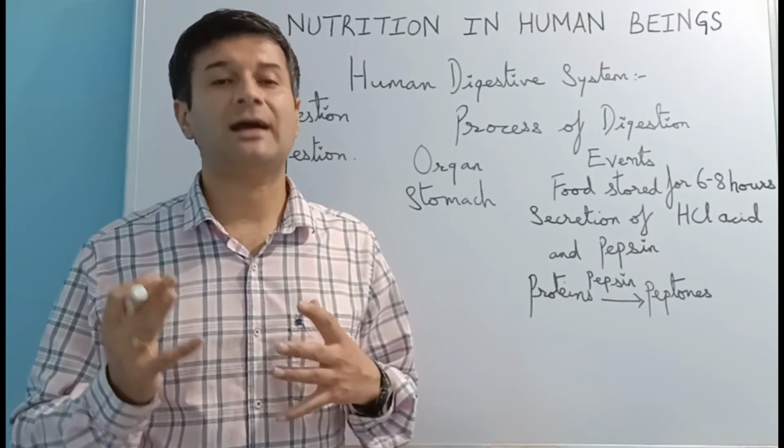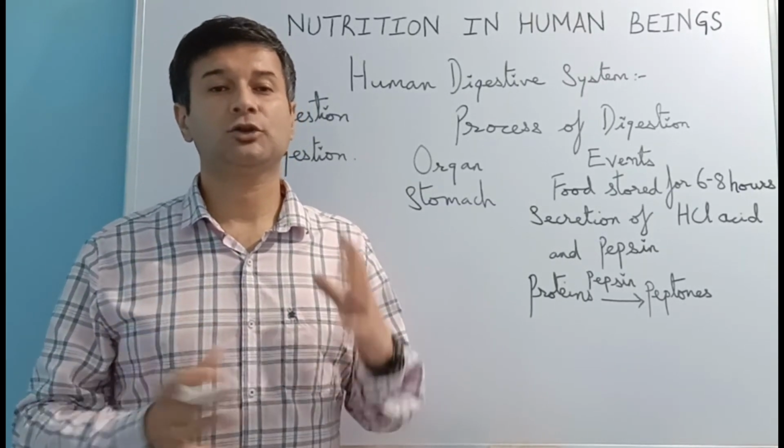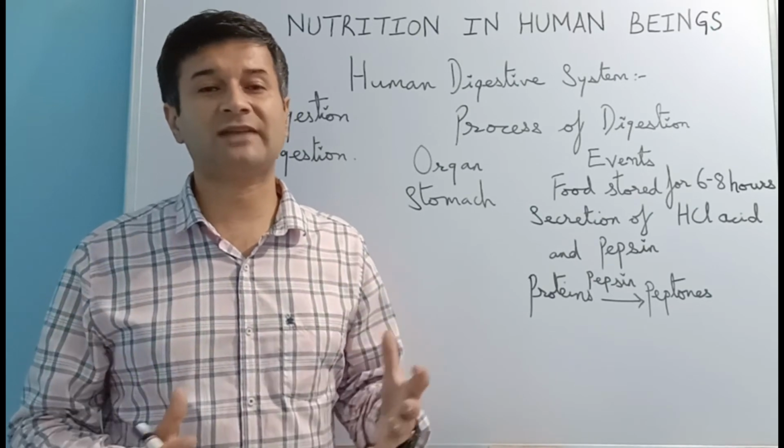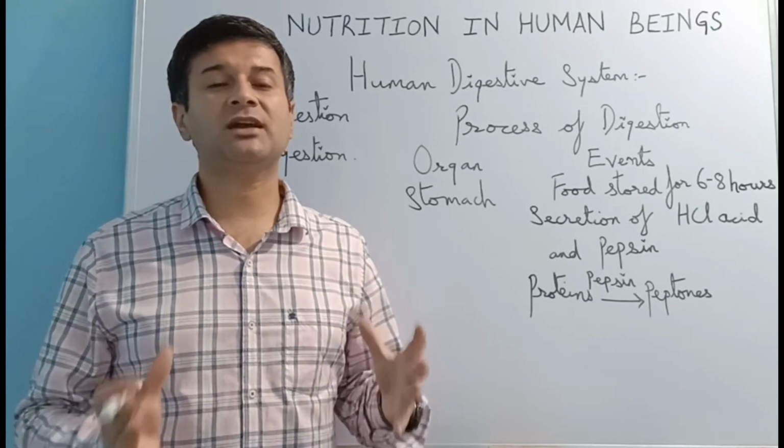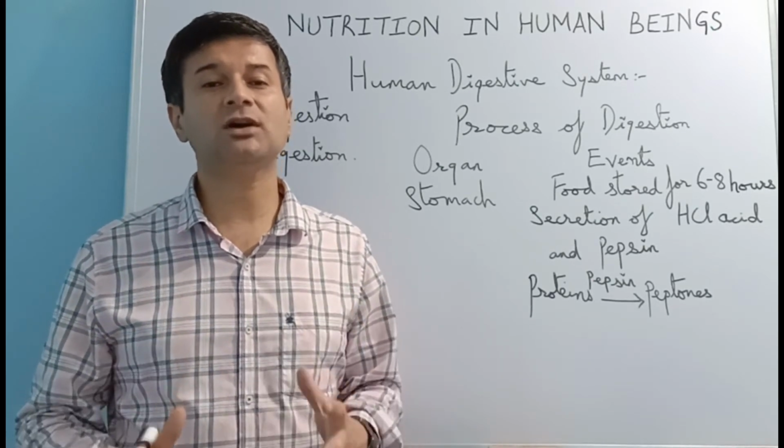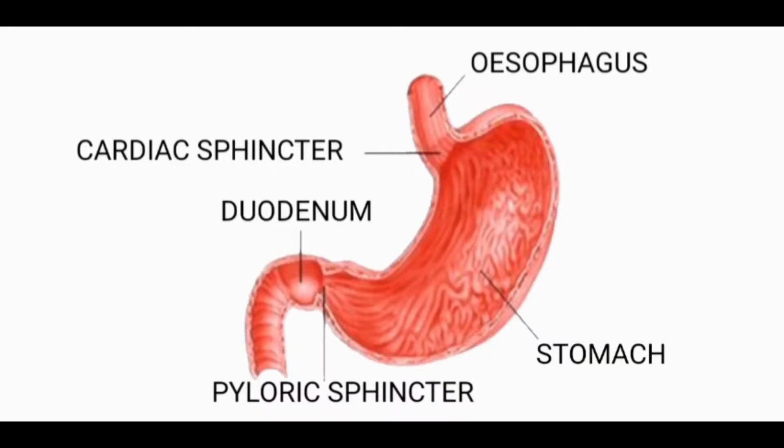Churning of the food helps in mixing the food thoroughly with the digestive enzymes and further breaking down the food into smaller particles. During the process of churning, the cardiac sphincter prevents the backflow of food into the esophagus, and the pyloric sphincter prevents the food from moving forward into the small intestine.